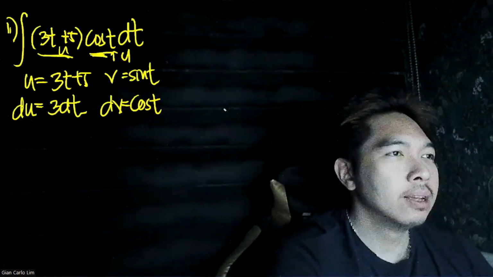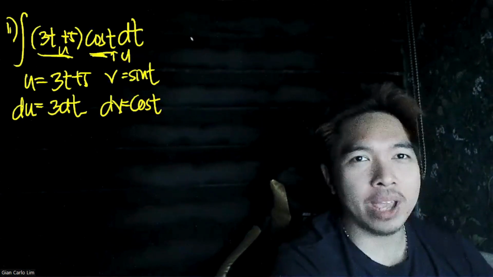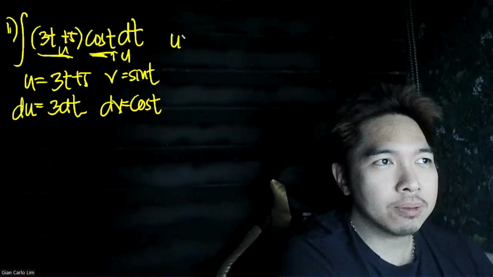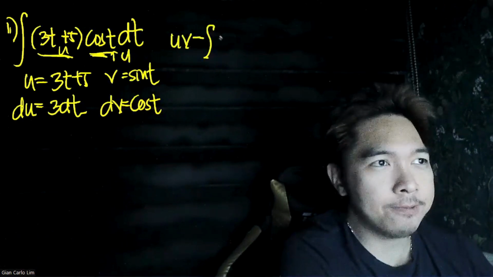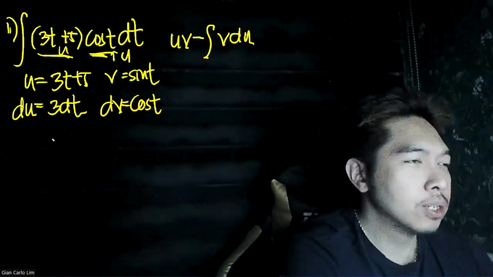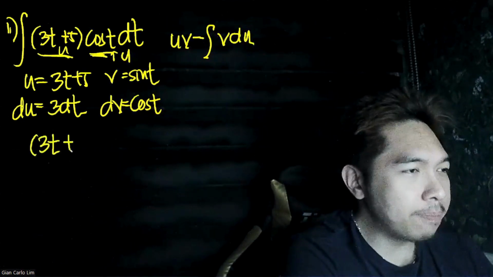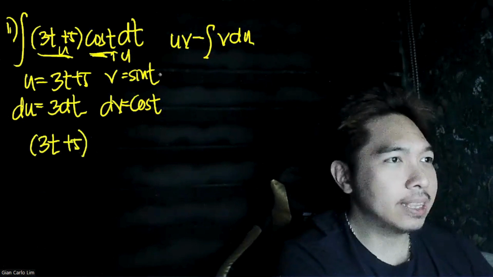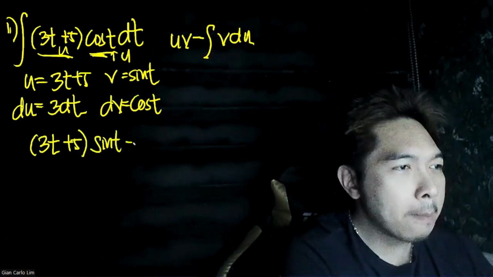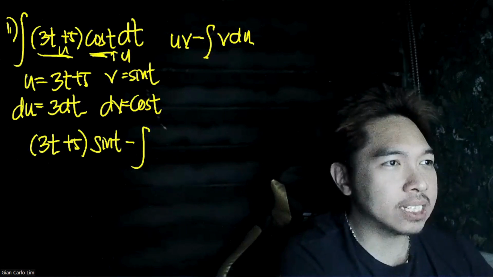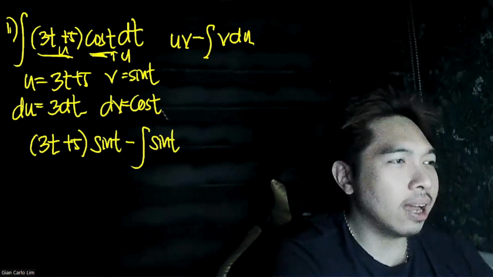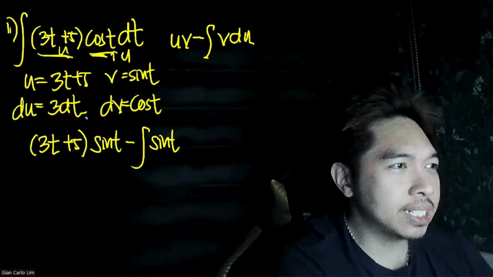Such that we can now apply what we have derived, the formula: uv minus the integral of v du. So we substitute everything here. We have 3t plus 5, and our v is equal to sine t, minus the integral of what is our v, so that is sine t, and our du is 3 dt.